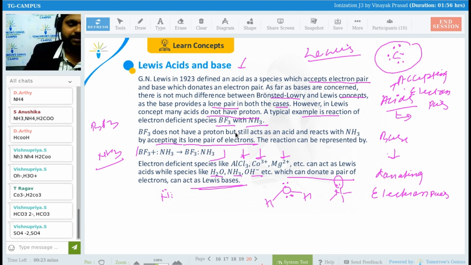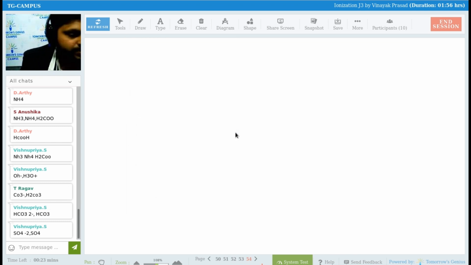Now I have told you that if there is a strong acid, then what will happen? It donates its proton, guys. See, I have told you earlier also, the stronger acid donates the proton to the stronger base. Is it okay?